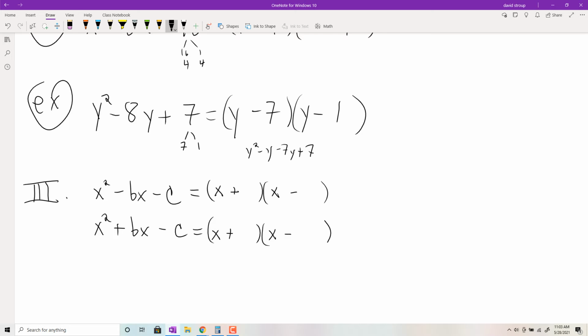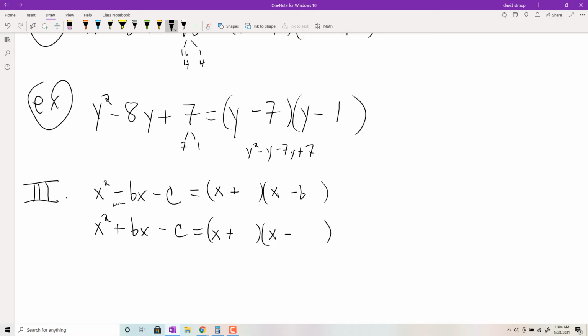And this time, you're looking for two numbers that multiply to give you c, but subtract to give you b. So it's a little bit different. In particular, it's always going to have the peculiar form that the bigger number has the same sign as the second sign here, the negative.